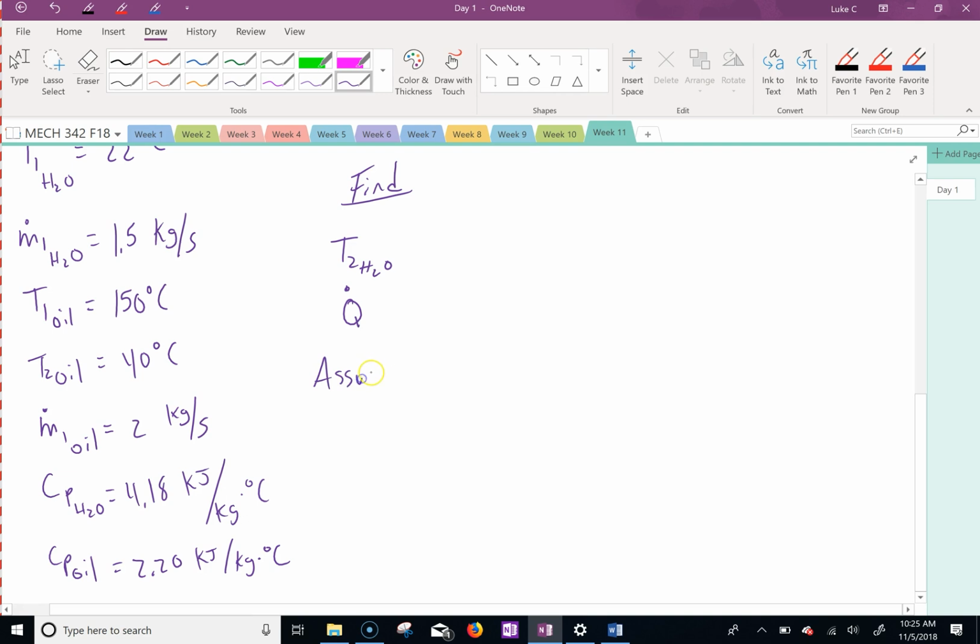Assumptions. One, steady state. Two, Q dot out of the oil equals Q dot in of the H2O for this particular problem.